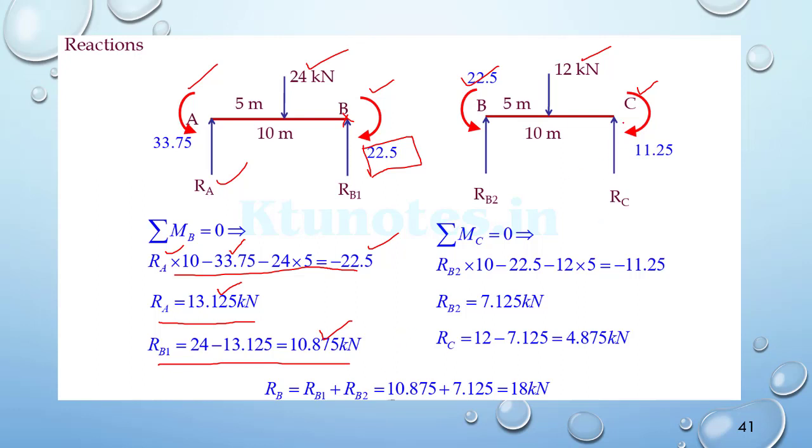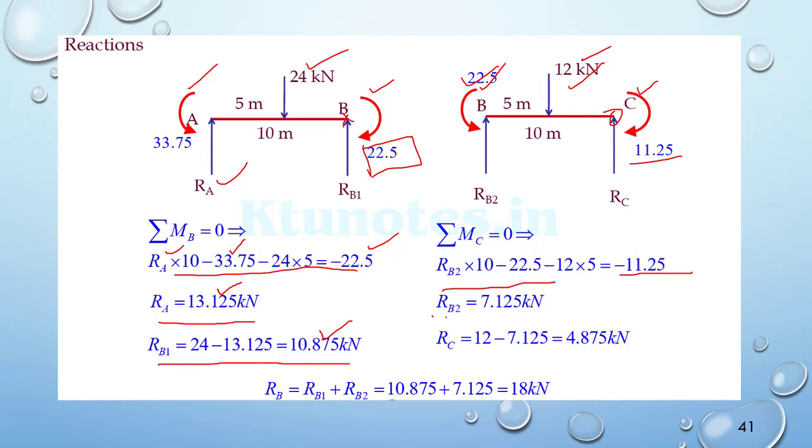Similarly, taking the moment with respect to C, we have the resultant moment equal to 11.25. Follow the same conventions. RB2 into 10 will be taken as positive, clockwise positive, minus 22.5 being anti-clockwise, minus 12 into 5 being anti-clockwise, equal to minus 11.25 on the other side of the equation.